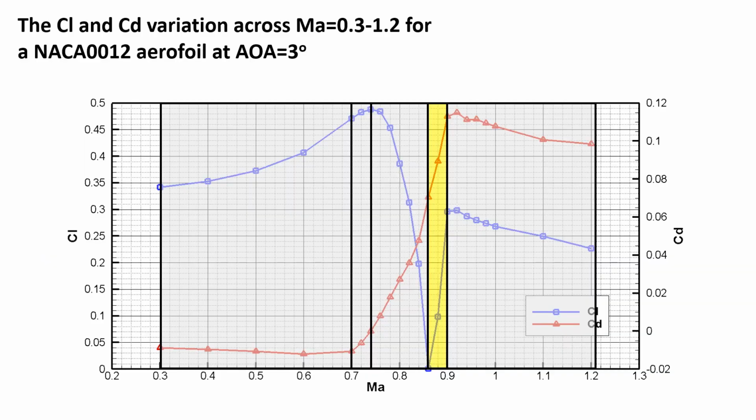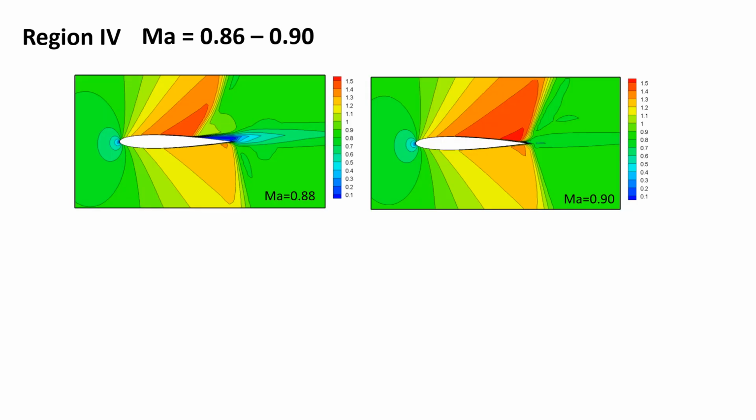Okay, and this will contribute to the drag coefficient increase. So the next region, region 4, is again a narrow region, but in this region CL and CD both increase in magnitude. Let's see from 0.86 to 0.90. By increasing the Mach number, we can find the lower surface flow field nearly stays the same, but the upper surface shock wave will move downstream.